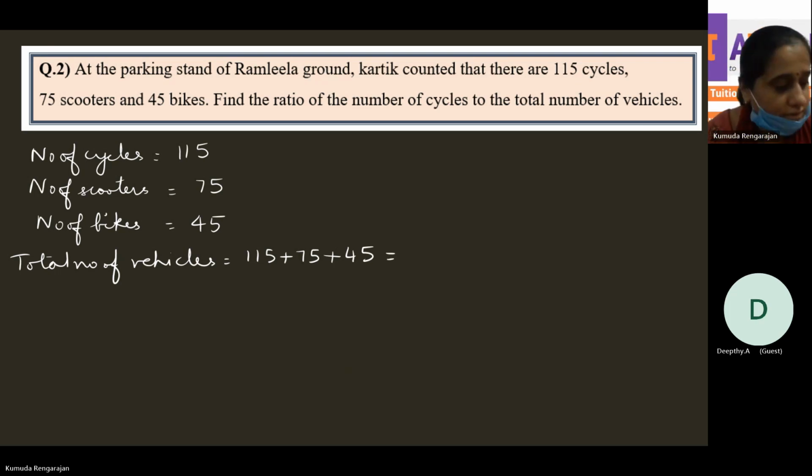What's the total? $235. Now, what is the required ratio?